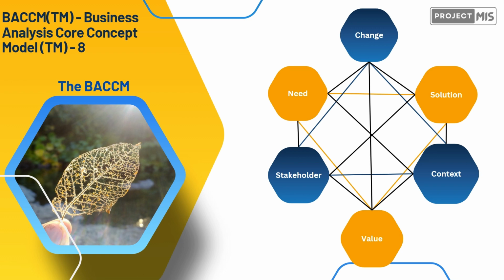Each one of these concepts has five connections with its peers, and all are equally important. You cannot leave out some of the concepts and take some and go ahead with the process. You have to take all the concepts and work towards them. All the concepts have equal importance, equal priority, and you have to work on all six concepts when you are working on any business analysis initiative.